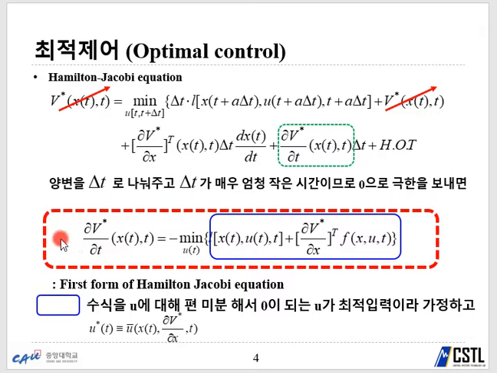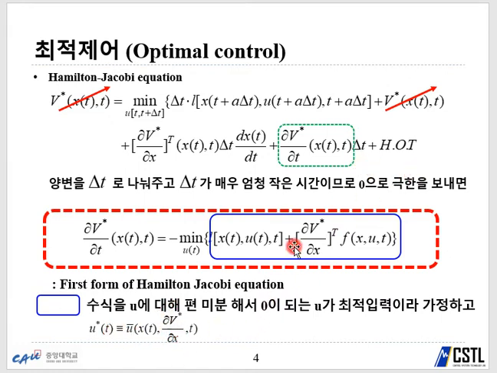So we finally get the Hamilton-Jacobi equation. We can obtain the optimal control input u to minimize the Hamilton-Jacobi equation. The optimal input is a function of the partial derivative of the optimal cost function.